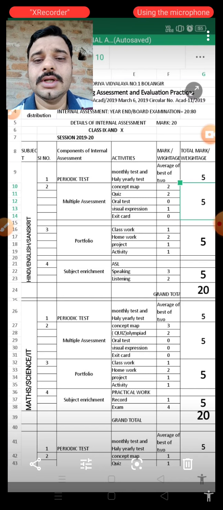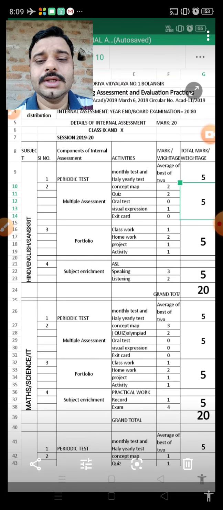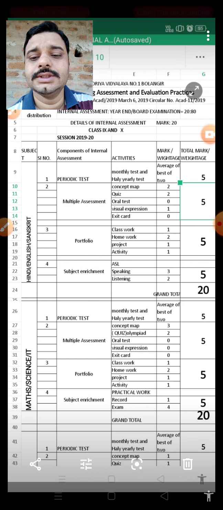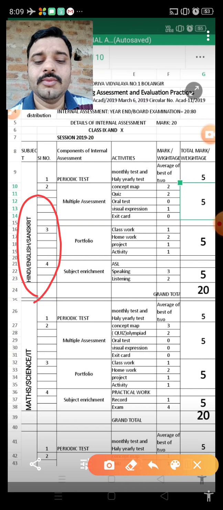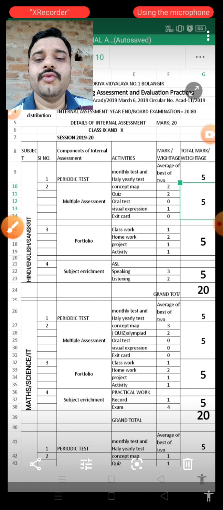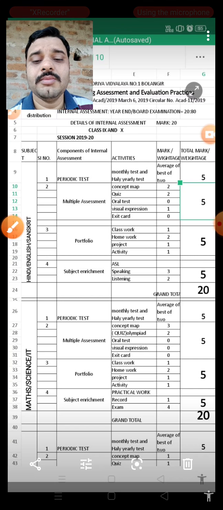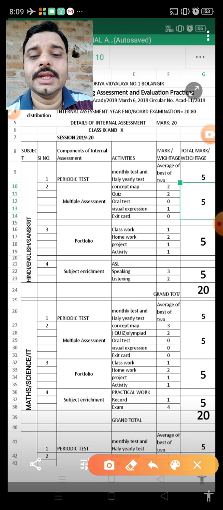You can see in this picture the first part, that is meant for Hindi, English and Sanskrit. In this part there are four broad divisions. First one is your periodic test.